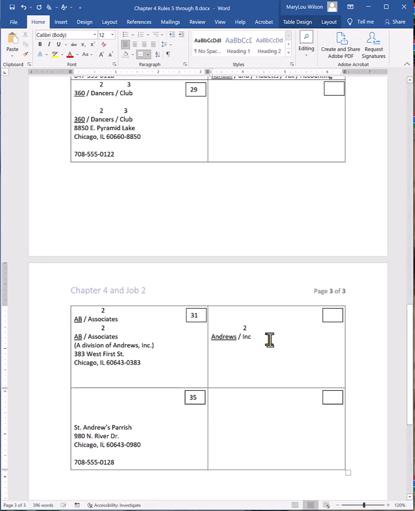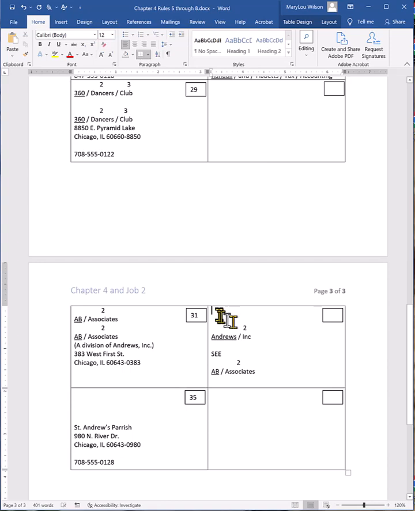But this is not the original filing segment. This is a cross-reference. So we've got to tell folks where to find the original filing segment. And it's going to be AB Associates. And we'll code that, AB, and Associates becomes unit 2.